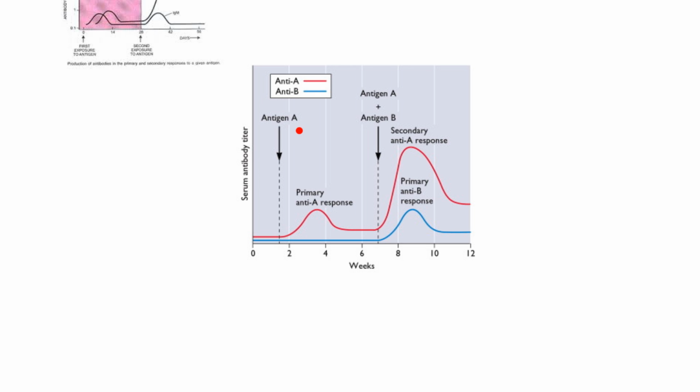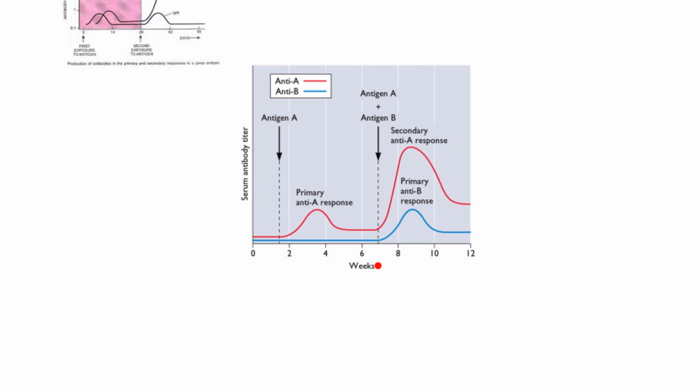Here, if you give antigen A at this point, you get a response, antibodies that will recognize antigen A, but you don't get a response in any other antibody production. Okay, so that's why this blue line is low, because you don't get a whole bunch of antibodies that recognize a lot of things. It's only going to be recognizing antigen A. Comes down just like the other one showed us.